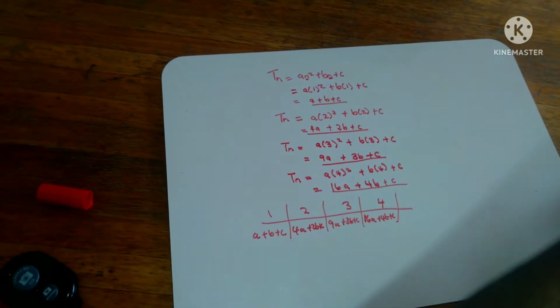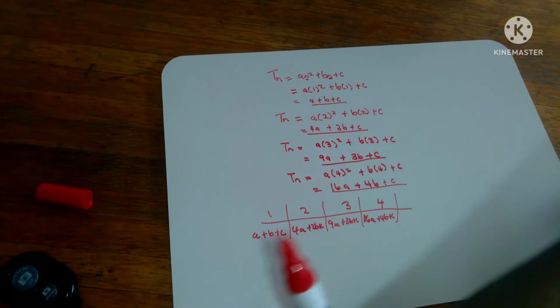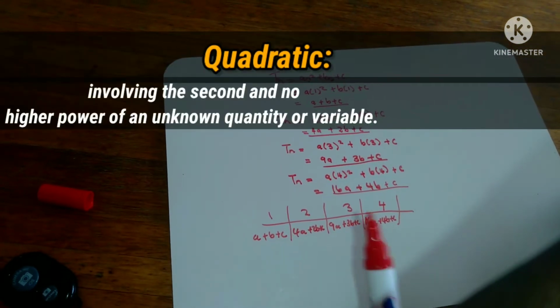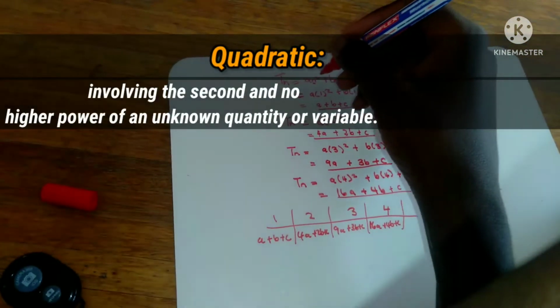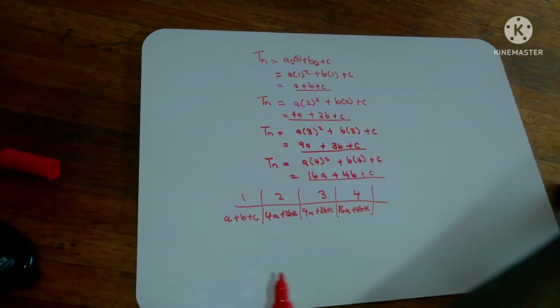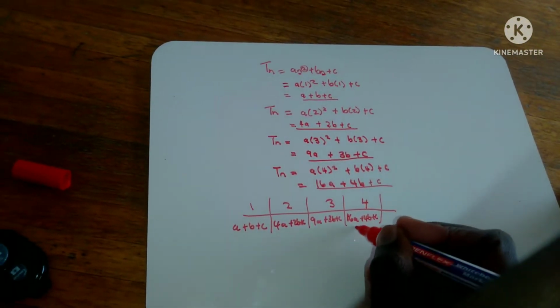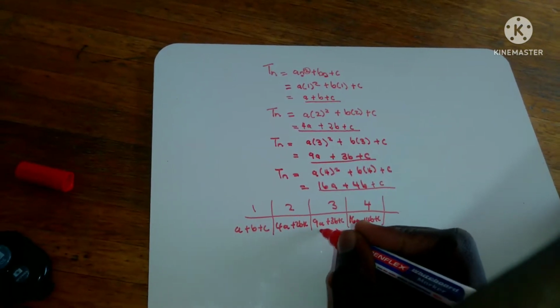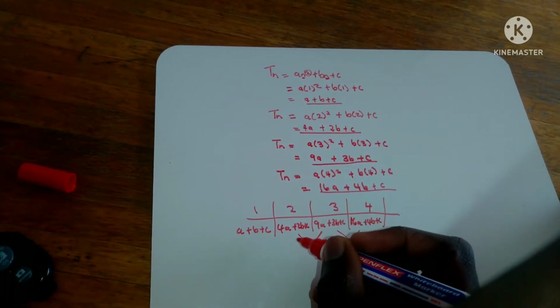Number one thing to know is that if it's a quadratic, quad can mean this squared here. So if it is a quadratic pattern, it simply means that you have to have two differences. You cannot have only one. That becomes a linear pattern.